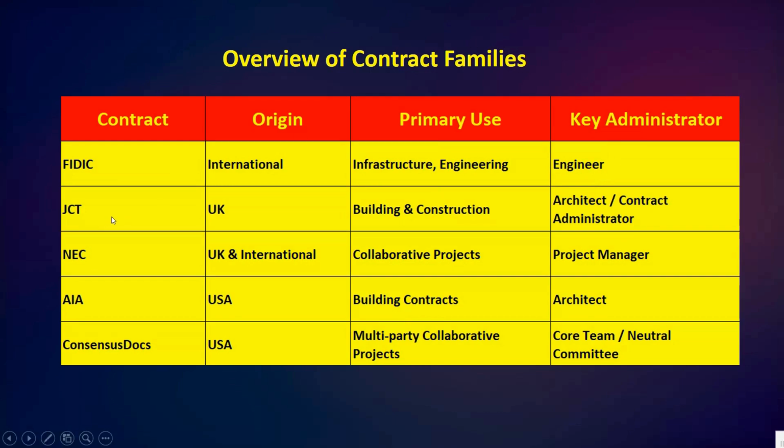Next we have JCT. JCT, or the Joint Contracts Tribunal, comes from the UK. It is mainly used for building projects, and the architect, or contract administrator, takes the lead.